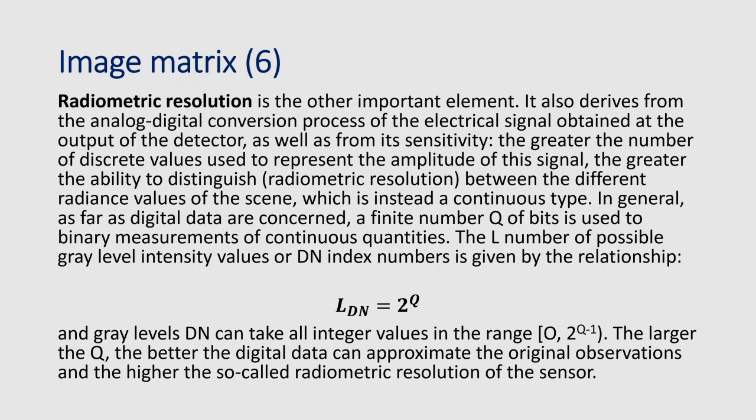The larger the Q, so the number of bits that we are using for the digital conversion of the analog signal that is coming from the ground, the better the digital data can approximate, as we know, the original observations, and the higher the so-called radiometric resolution of the sensor.